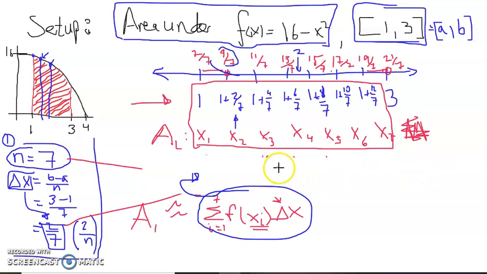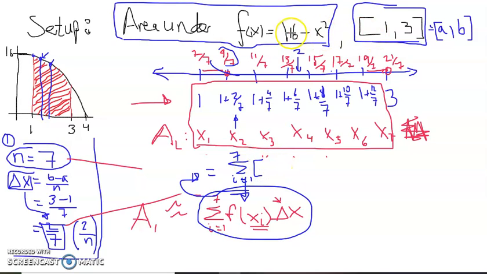We need to come up with a way to identify what x_i is, because what this is equal to is the sum from i equals 1 to 7 of what?